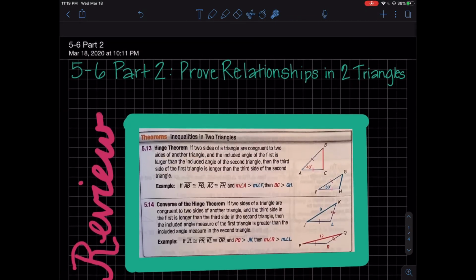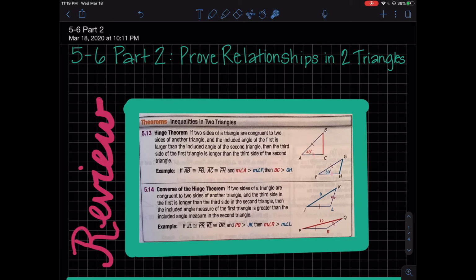We're going back up here to this. It's a side, angle, side. Converse hinge theorem means side, side, side.